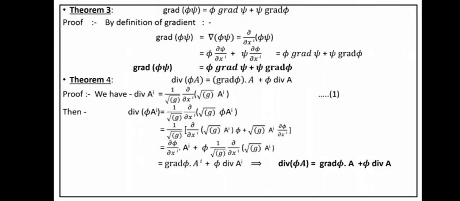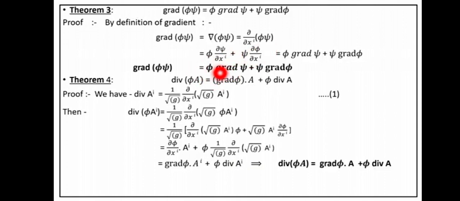Now theorem 3 says that gradient of φψ is equal to φ gradient ψ plus ψ gradient φ. By the definition of a gradient, we know that gradient of φψ is, with the symbol of gradient being nabla, ∂/∂xi of φψ.